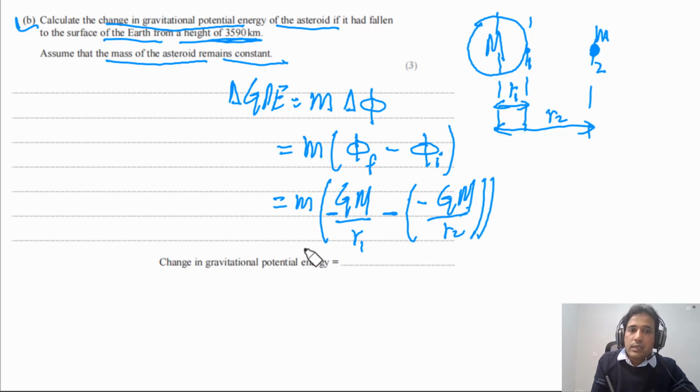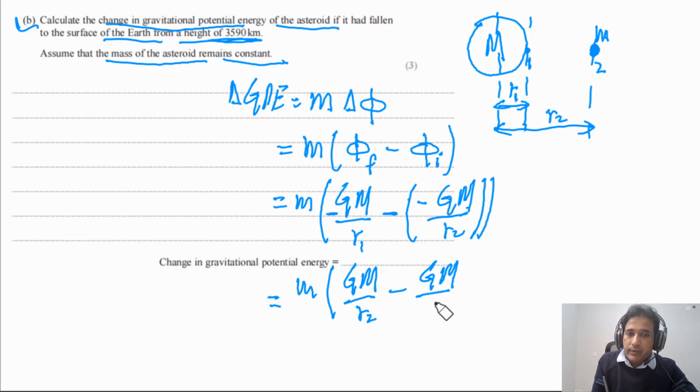Now if we simplify this a little bit, we can write m here. This is G capital M divided by R2, so this is positive. Here we have G capital M divided by R1, which is negative.